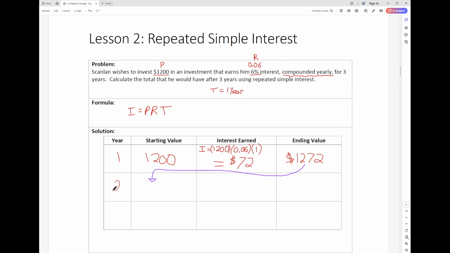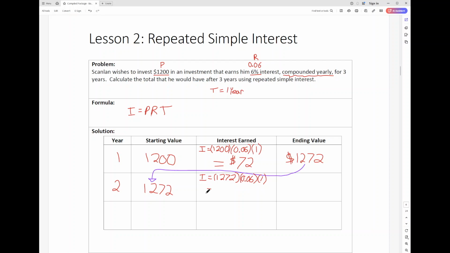Okay, so year two, we now have 1272 as our starting value. And we do the same thing. So 1272 this time as our principal, times our same interest rate, 0.06, times 1.